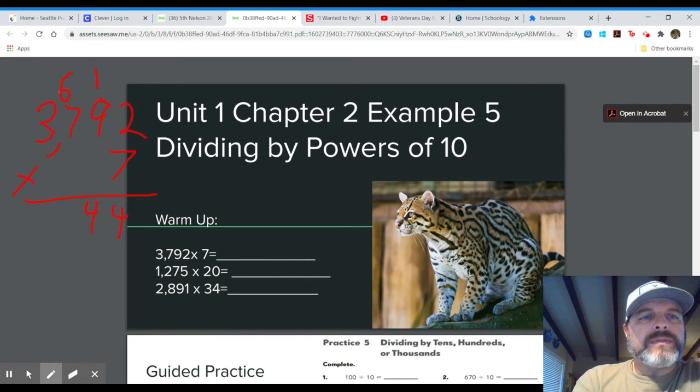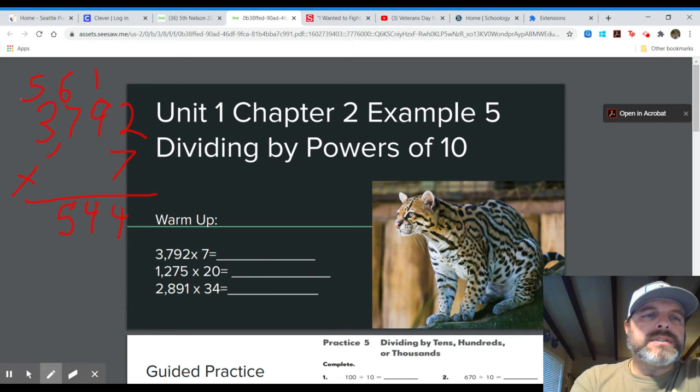So 7 times 7 is 49, so that's like 4,900. So 49, I have to add 6 to 49, and I get 55, right? And I put a 5 here.